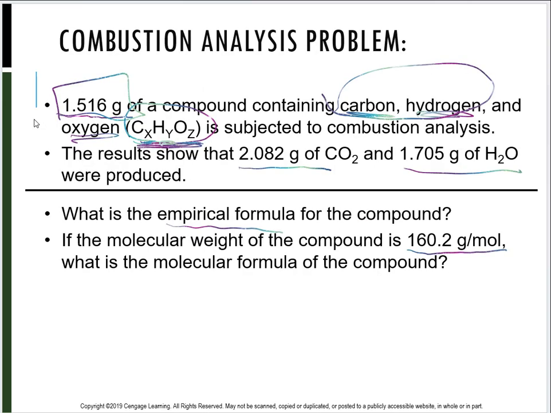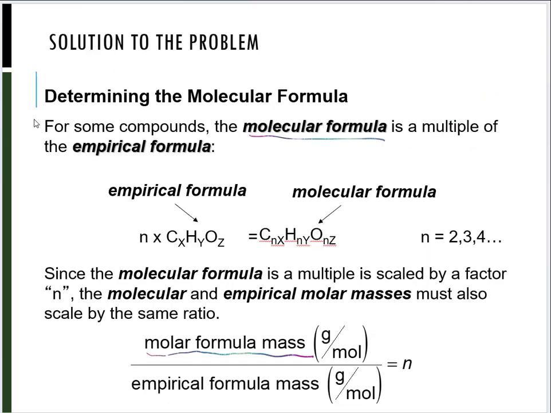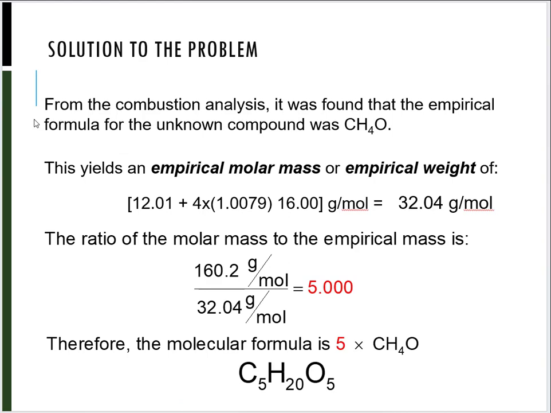We were told the molecular weight of the compound is this. So we would have to know that to solve this problem. And then we're going to divide that by the empirical formula mass. Well, we know the empirical formula now, so we can add up 1 carbon, 4 H's, and 1 O, which is right here. So the empirical mass is 32.04.